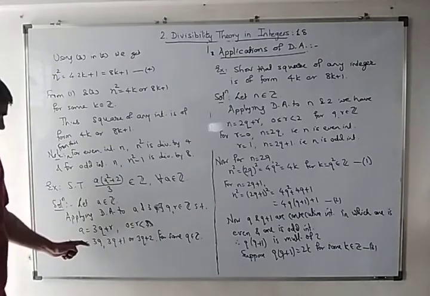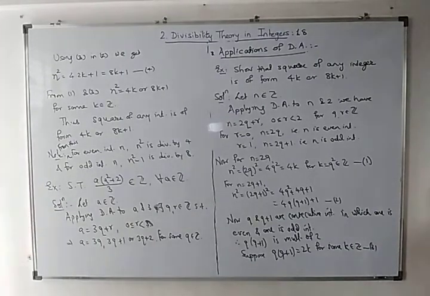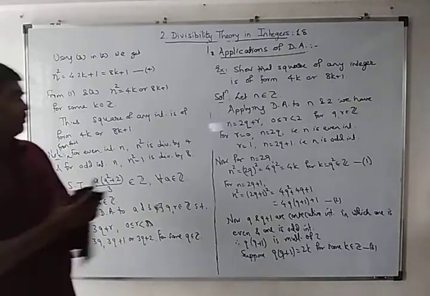Now for a equal to 3q, we will evaluate a into (a square plus 2).